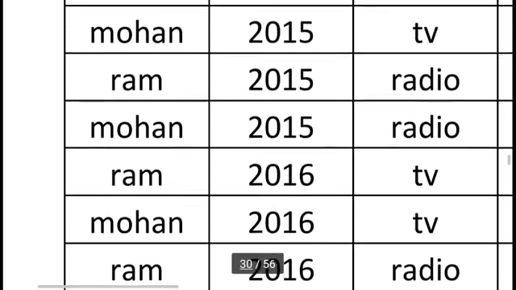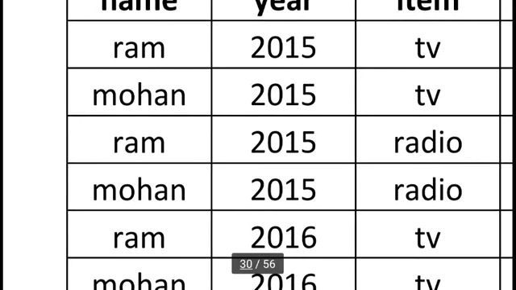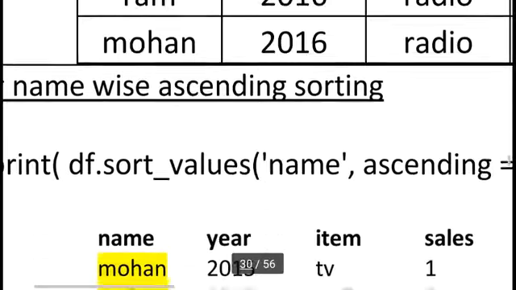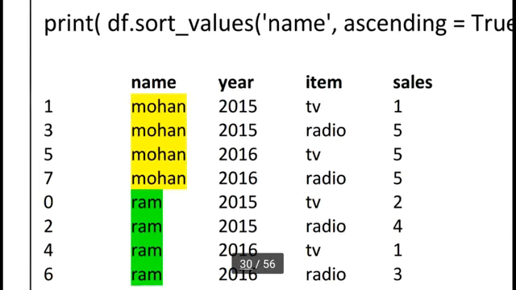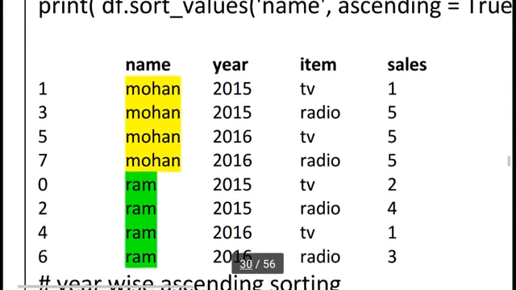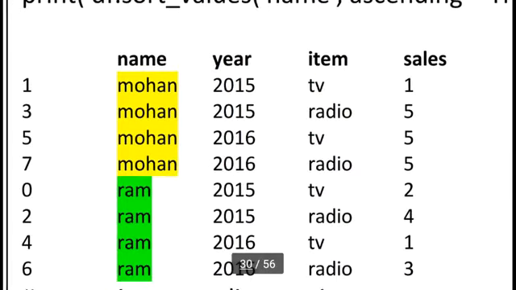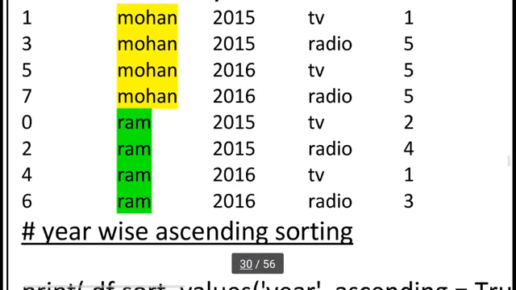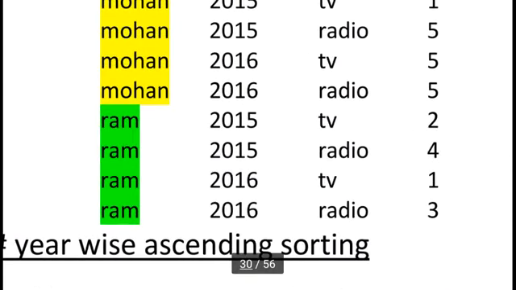You can see here only two salesmen, Ram and Mohan, but according to the alphabet A to Z, M always comes before R. So according to that sequence you can see all the Mohan records in yellow highlighted form and all the Ram records in green.